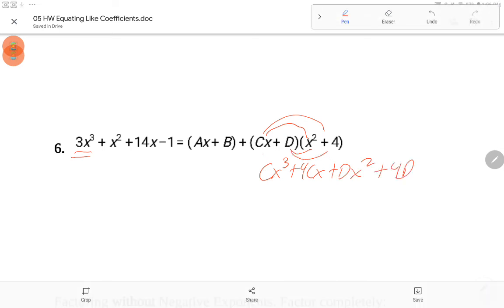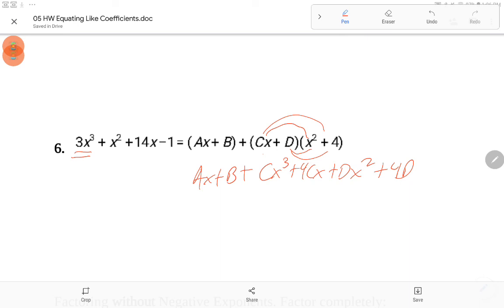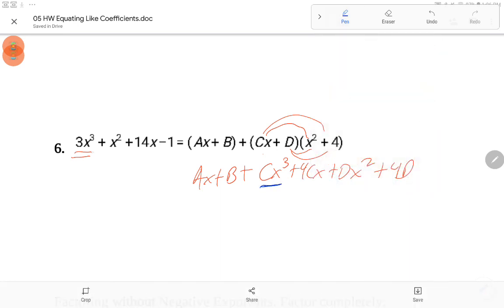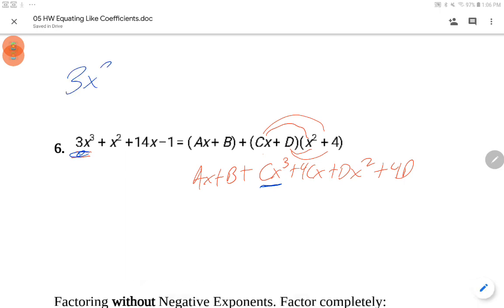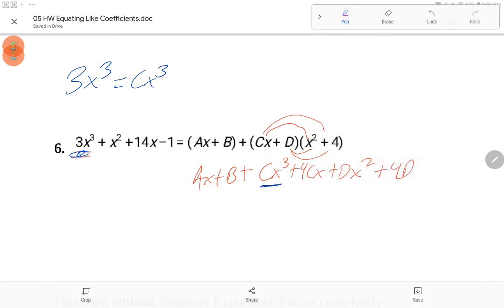Now I will do a similar process here, like I did in number 1. This time I would set the x cubes together, so I'm going to underline this one and this one. I know that those have to be equal, so I'll write up here 3x cubed has to equal cx cubed. That's the only thing I could set equal to each other, so c would have to be 3. Then I go through and do the same thing.